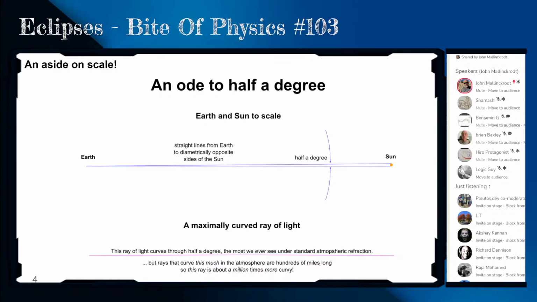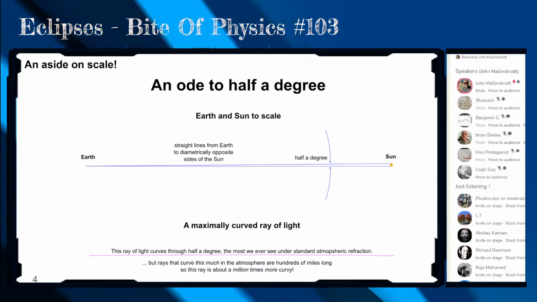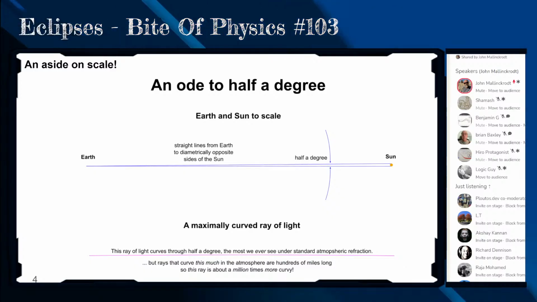I put this slide together for another purpose. Another place that half a degree shows up is as the maximum amount that a light ray ever curves going through the Earth's atmosphere when we see the sun setting at night. We see it for approximately 2 minutes longer than it's actually physically visible.